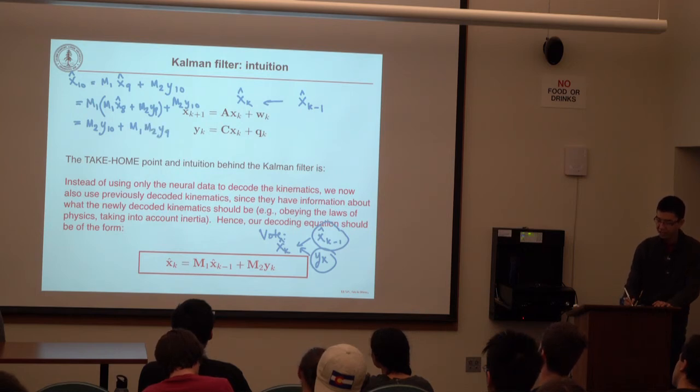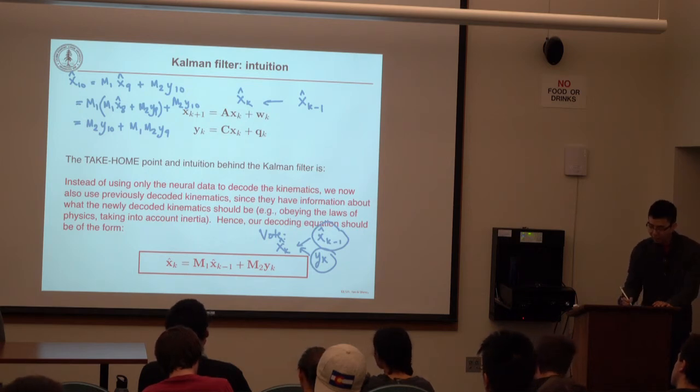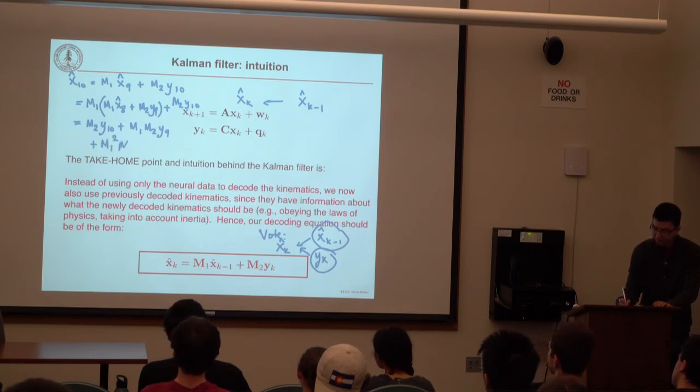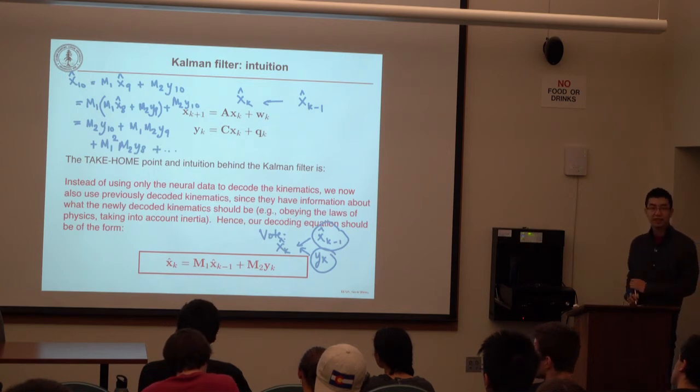All I've done is I've taken this m1, multiplied it by m2, and copied that term down here, plus m1 squared times m2 times y8 plus dot, dot, dot, right?